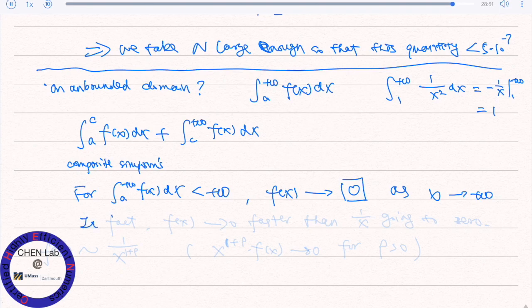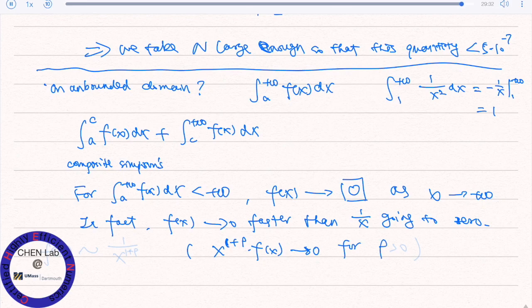In fact, f of x should go to 0 faster than 1 over x going to 0. Which again means that if we multiply x to the 1 plus rho times f of x, this actually goes to 0 for some positive rho.